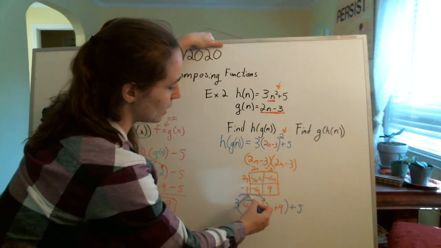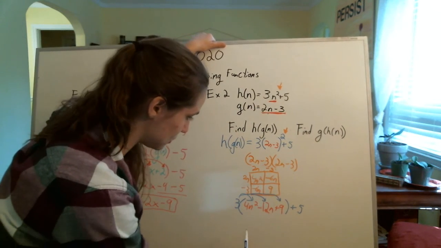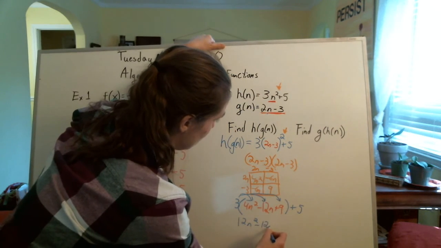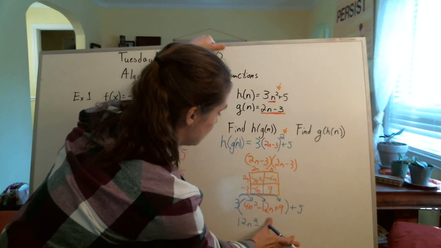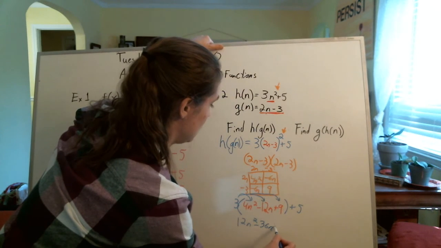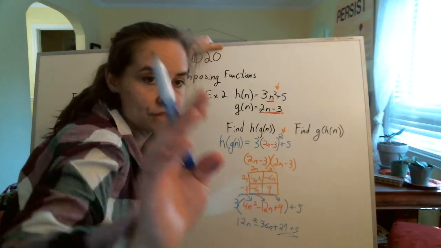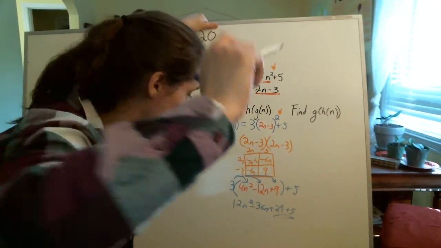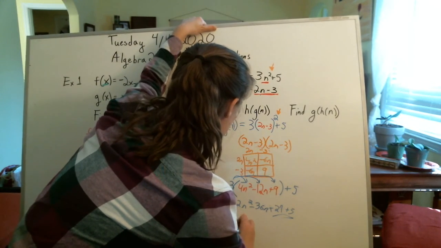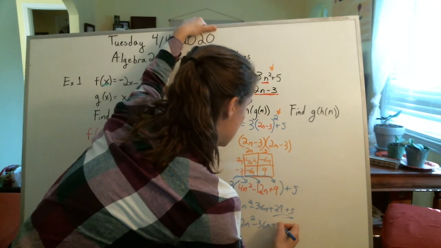You always have to distribute the 3 afterwards, okay? Because you have to multiply it and then distribute. So we'll have 12n squared minus 36n plus 27 plus 5. So that last step is that my h of g of n is 12n squared minus 36n plus 32.